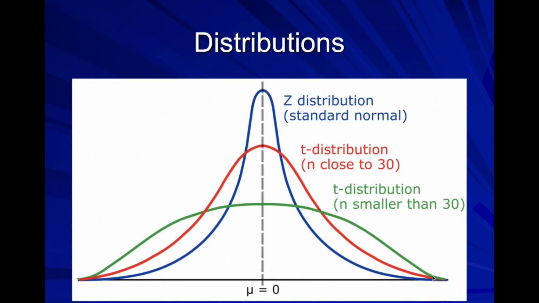You get a very handsome looking bell-shaped curve. If it's smaller than 30, you get more of a lump. This would be called platykurtic as well, right? It's flat. The steepness is called kurtosis. And so that's just to show that there are different types of distributions used. That's about all I'll say about that for now.